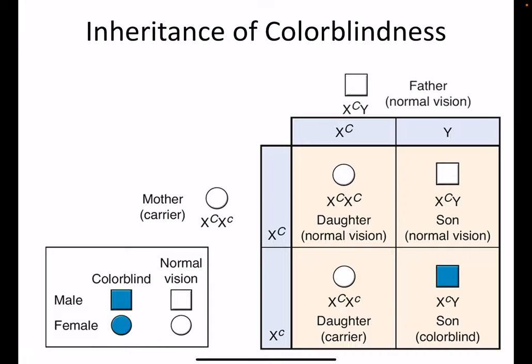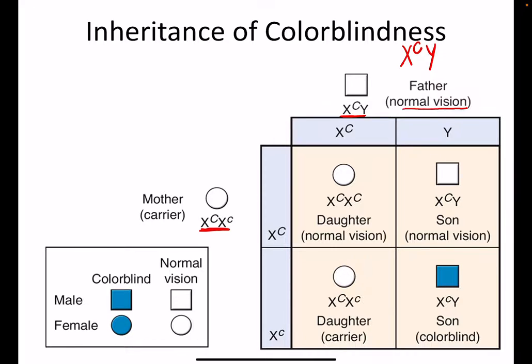So let's look at this Punnett square. Anytime you're doing a sex-linked gene, you have to write your Punnett squares like this, okay? You can't just do big C, little c anymore. You have to show if it's male or if it's female. So a father with normal vision is going to have to be X big C, Y, okay?